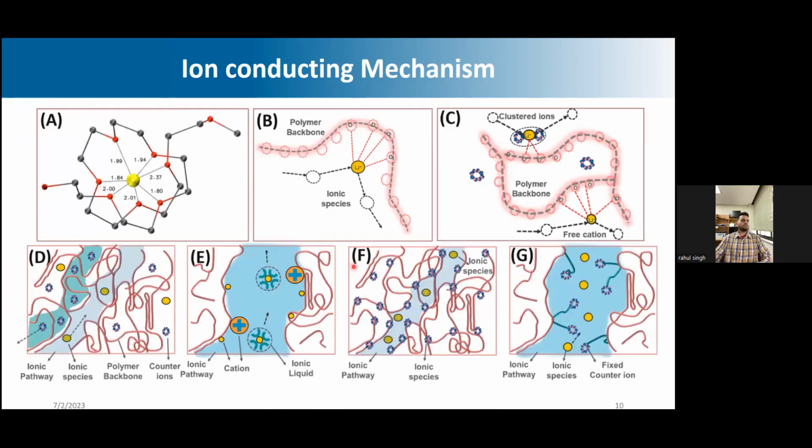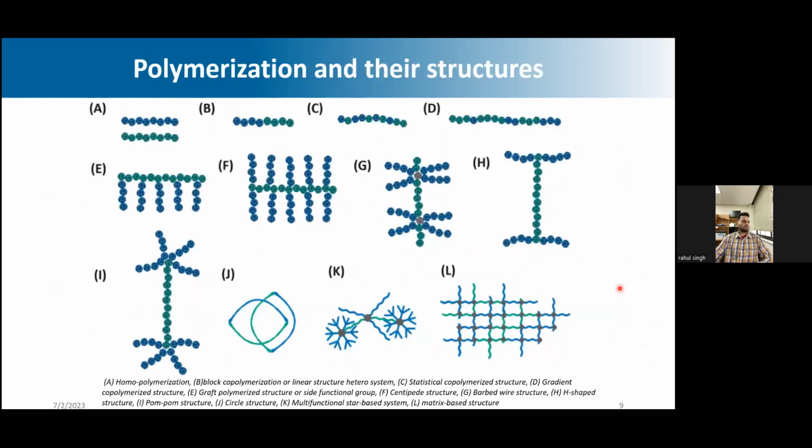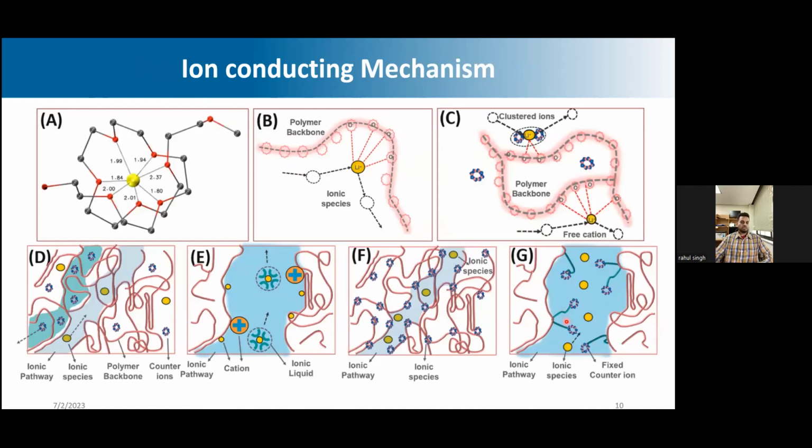But if we control all these anions or counter ions and fix them, then only one species will move, and that is what we need for our system, because then both anions will not polarize at one side. Only one ion will be moving on either side. And it gives stability to the system also, because the framework we are talking about is strong in comparison to the other system.